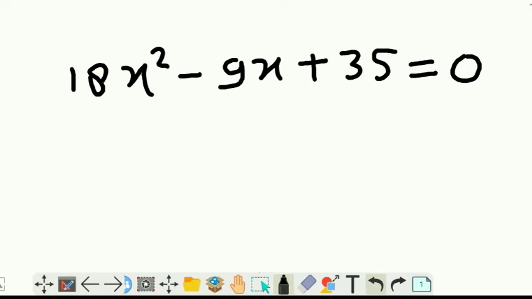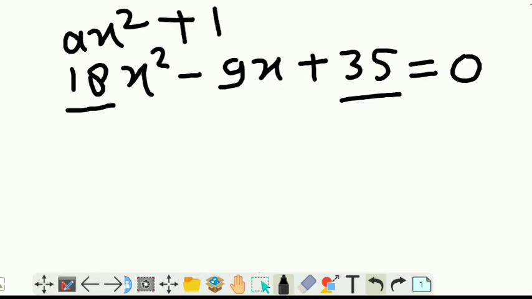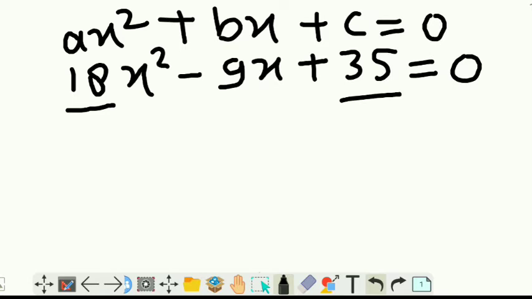The coefficient of x square is 18 and our constant term is 35, and this equation is in the form ax square plus bx plus c is equal to 0, where a, b, c are integers.